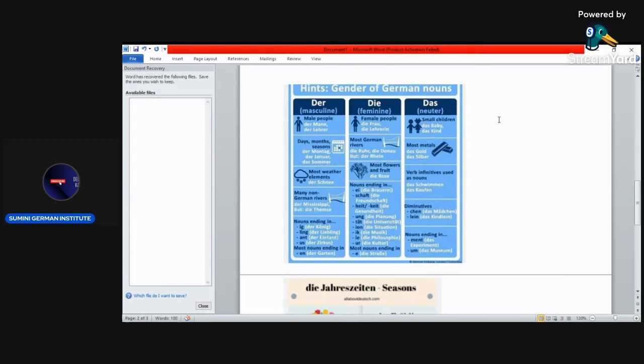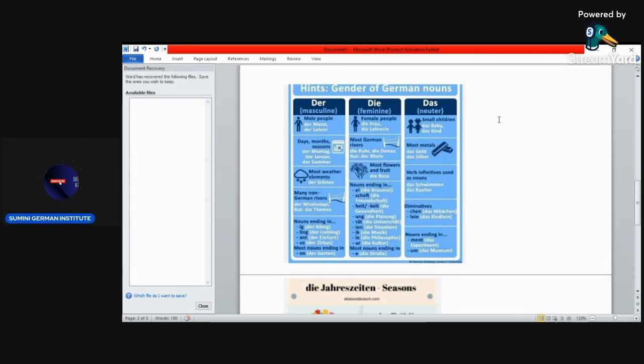This table can help you to understand when to use the different articles, der, die, and das, with the genders. You can pause the video and copy the table the way it is for future reference and practice.